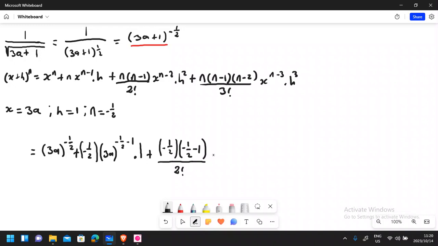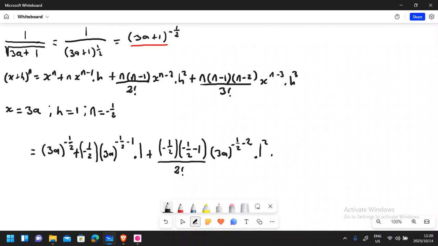Okay, and then we have x. What is our x here? It's going to be 3a to the power of n minus 2. So that is negative half, minus 2. And then our h is 1 to the power of 2. So we are still fine. This is our third term.